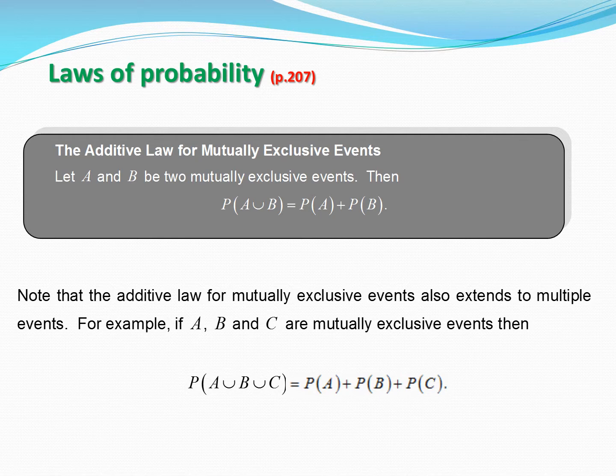If that is the case, then the probability of the union of events A and B will simply be the probability of A plus the probability of B. And it doesn't matter how many events you have, the probability of the union of all the different events will simply be the sum of the probabilities of those events.